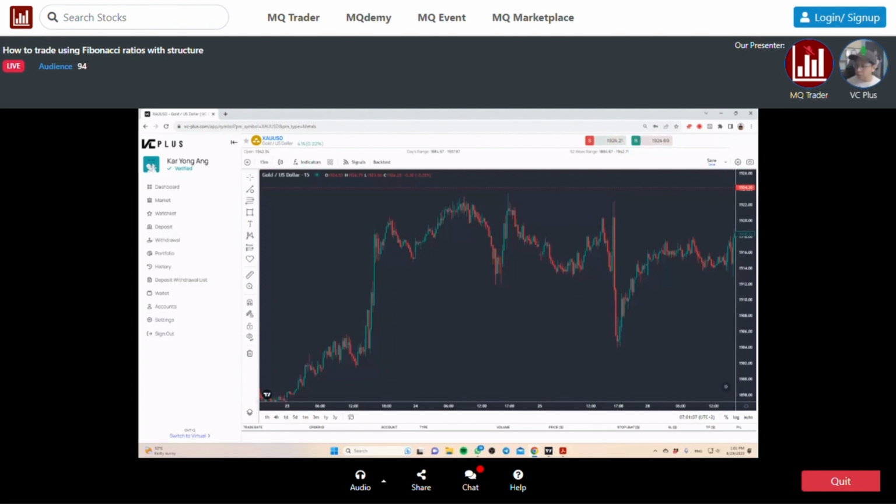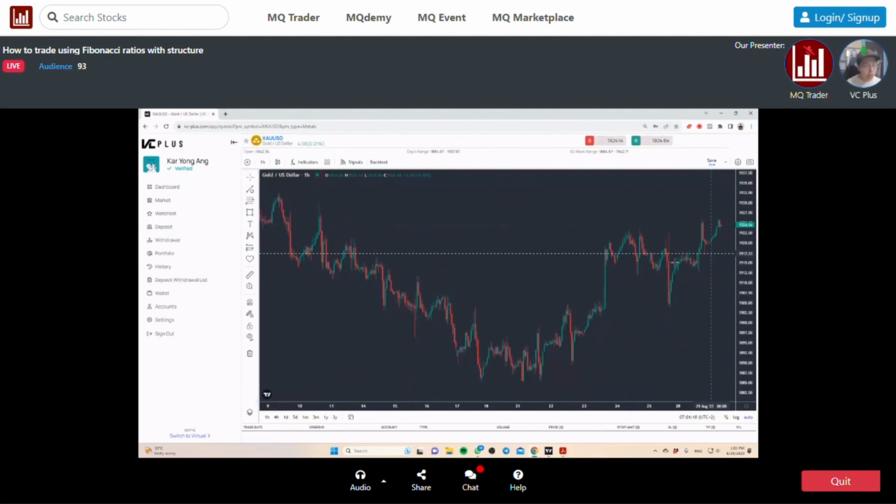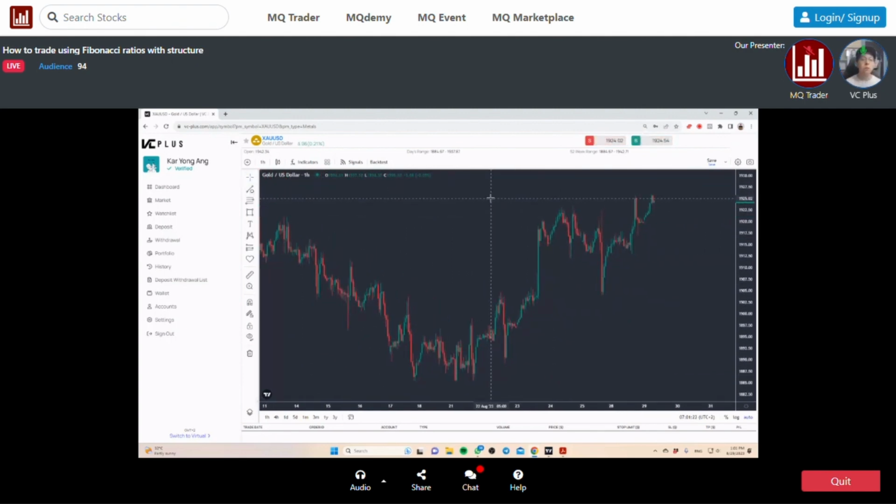Okay, so TCY here asks, based on Fibonacci, how can we set stop loss and take profit? I'm going to use back this example on gold. What we've covered so far from last session is how do we identify market structure using certain definition of swing high, swing low, break of structure, etc. So we kind of have this swing low here.